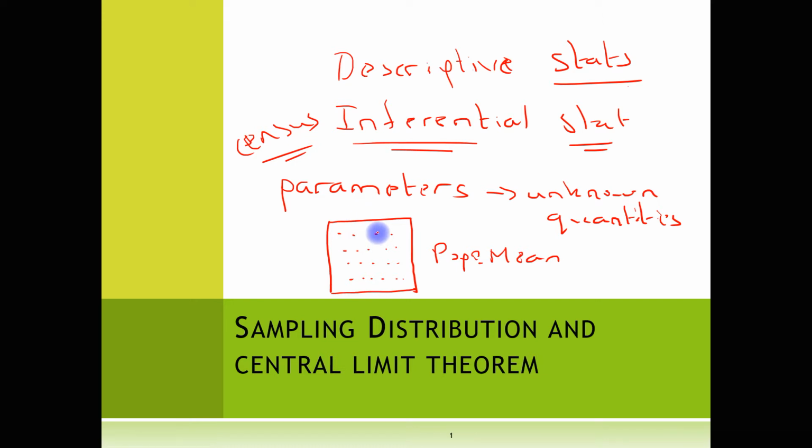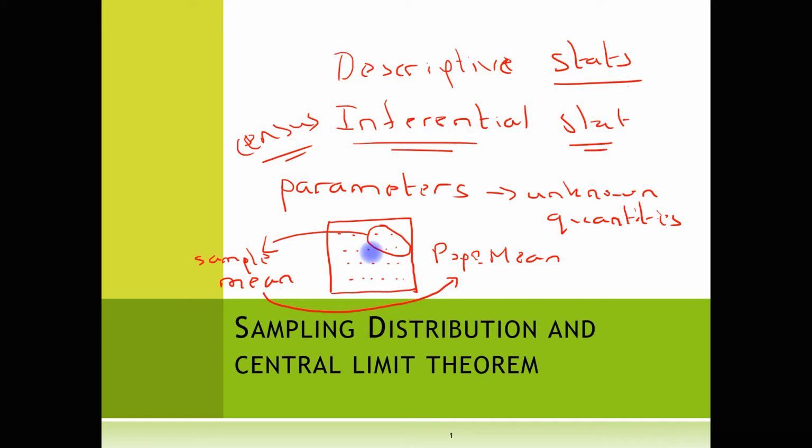What we do generally is take a random sample from this whole population, and the random sample will give me what we call a sample mean, and that sample mean is used to infer the population mean. That is what I'm trying to explain here.